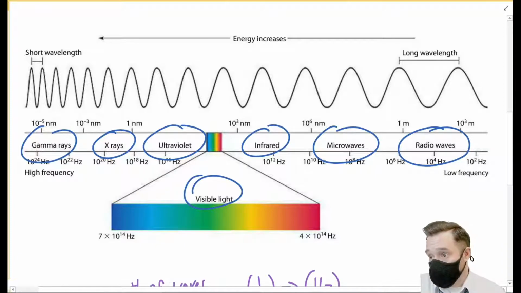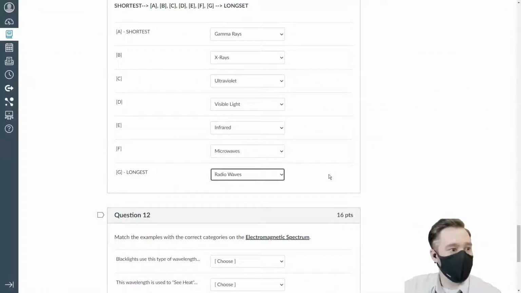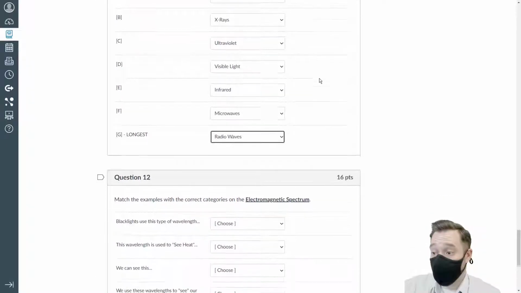I start off with gamma, then X-rays, then ultraviolet, then visible light, infrared, microwaves, and radio waves. Nobody told me that you couldn't see the screen. So gamma rays, X-rays, ultraviolet, visible light, infrared, microwaves, radio waves. That's from shortest wavelength to longest wavelength.